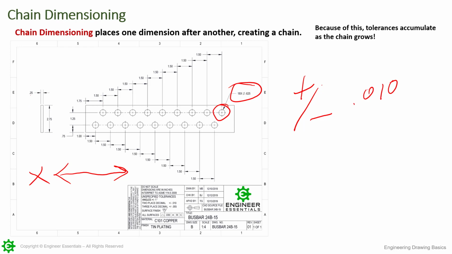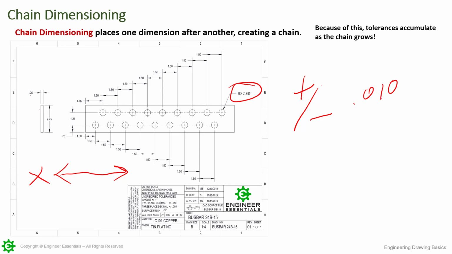So as we go down X, the good thing is that as far as this location here goes for all the holes, those are all going to be plus or minus 20 on the top 8 holes there, or 9 holes there. Those are all going to be plus 20, minus 20 in location in Y. But in X, it's just going to start to add up and get worse and worse.